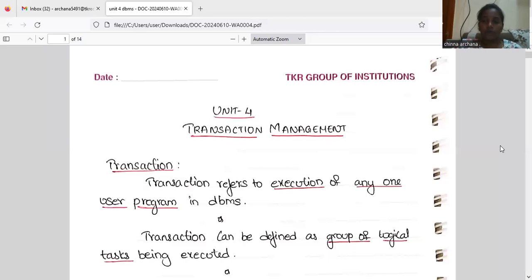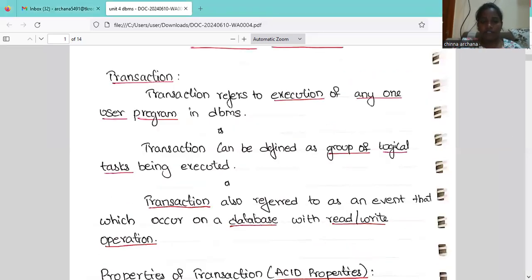You can also define a transaction as a group of logical tasks being executed, or a set of logical instructions that has to be performed to do some task.